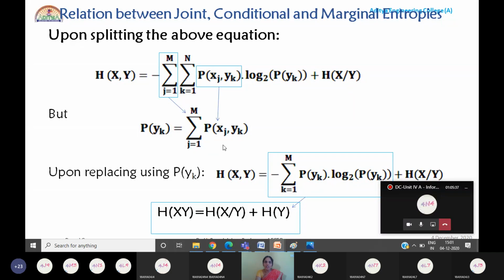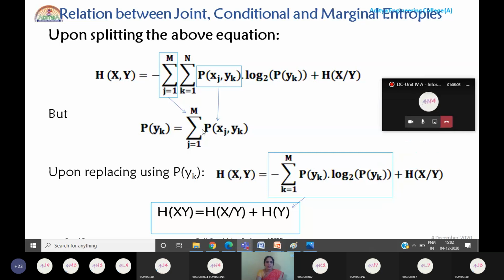The k term remains because we are replacing the j term, the x events. Then you get the marginal probability p of yk, obtained as summation j equal to 1 to m p of xj comma yk. The term in the blue rectangular box I have replaced as p of yk.